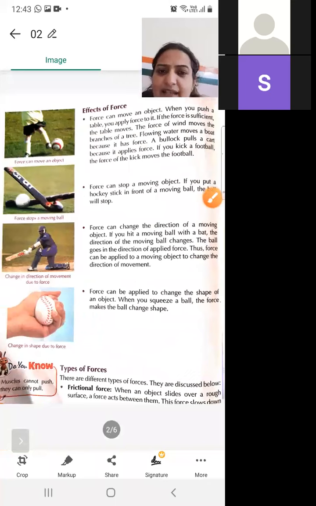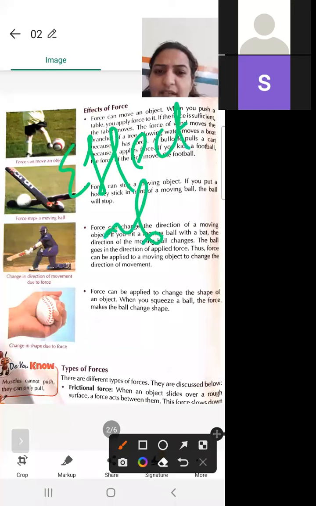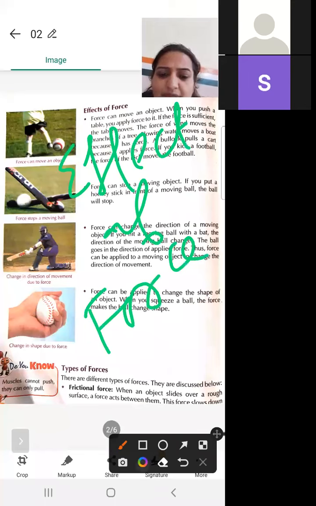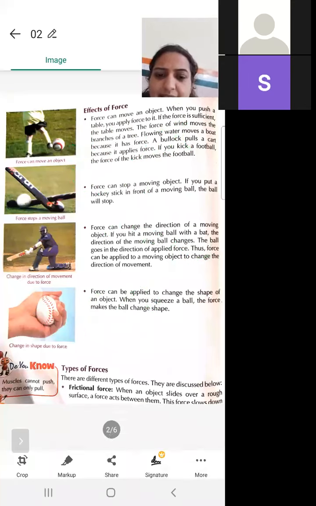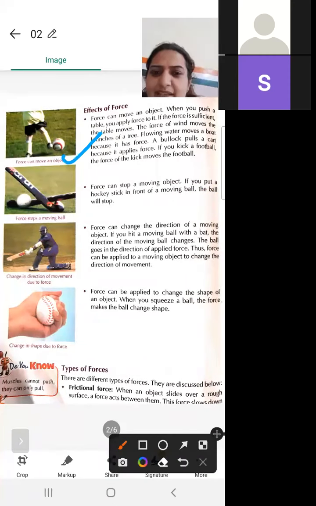So what are the effects of force? First is force can move an object. Second is force stops a moving ball.